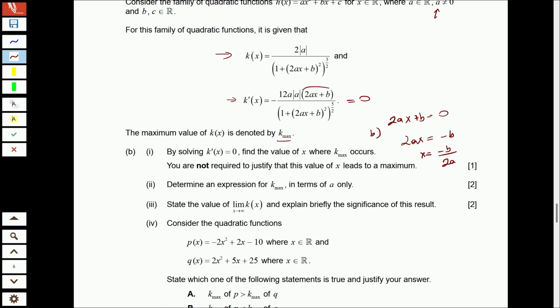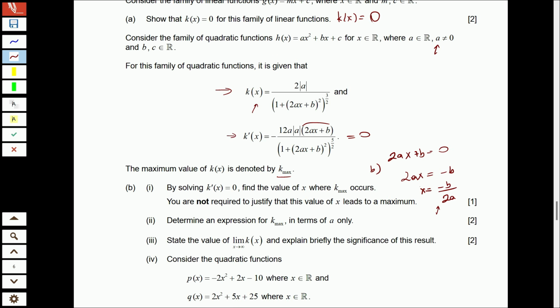Okay, and determine an expression for k max in terms of a only. So we found a point where this curvature will be maximum. We will plug this point into this expression k of x to find k max.